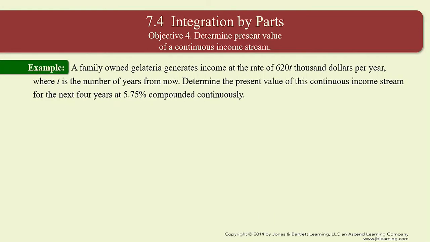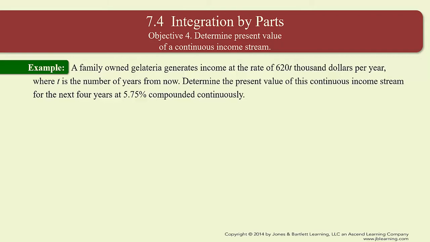Next up is an example. You should write this example down in your notes, because when I go to the board, I'm not going to write all this stuff down. A family owns a gelateria, and it generates income at the rate of $620,000 per year. T is the number of years from now.